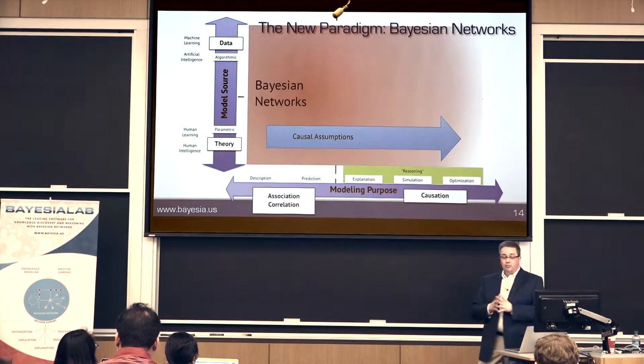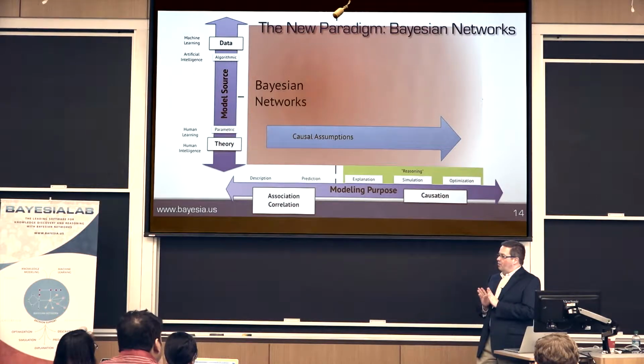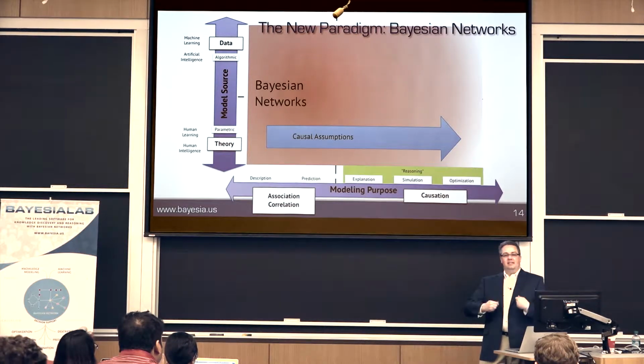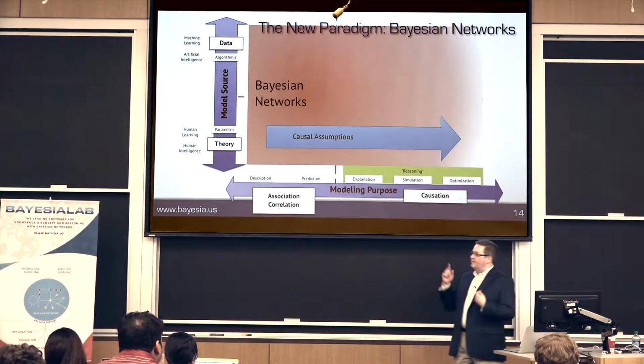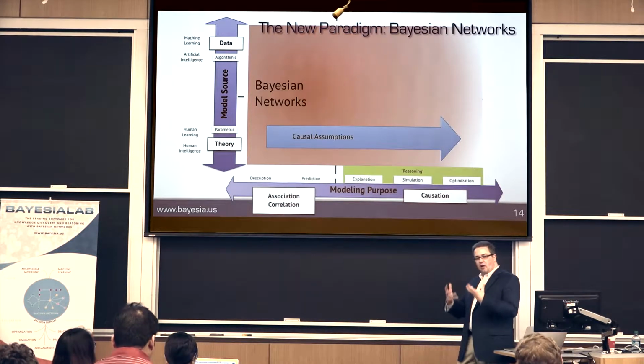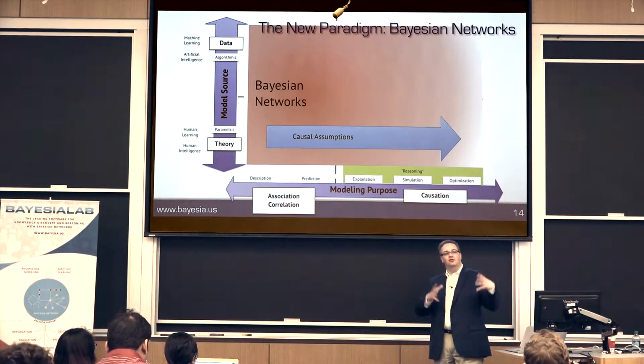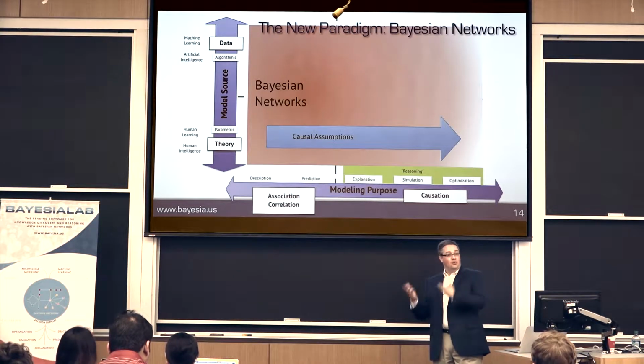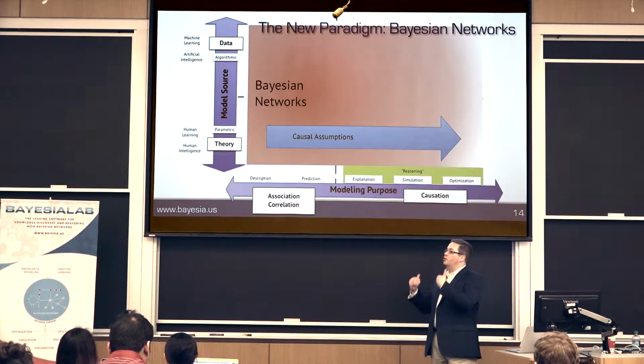And perhaps most importantly, what we can do in a Bayesian network, we can include causal assumptions. And that's really quite an important point. We can use our expert knowledge about causality, introduce that formally into a Bayesian network, and then use a Bayesian network for causal inference.